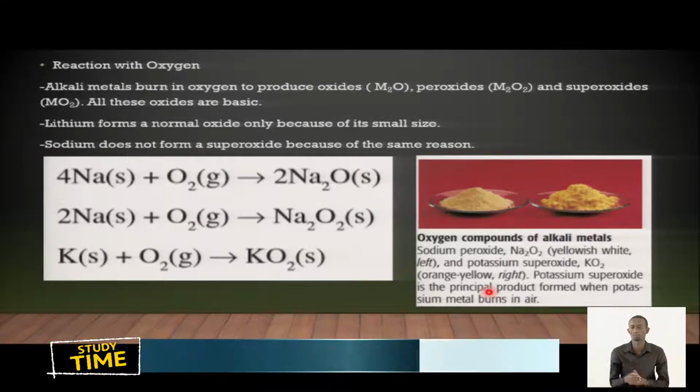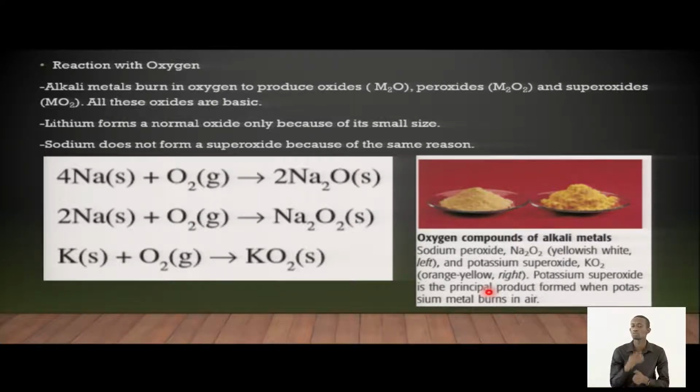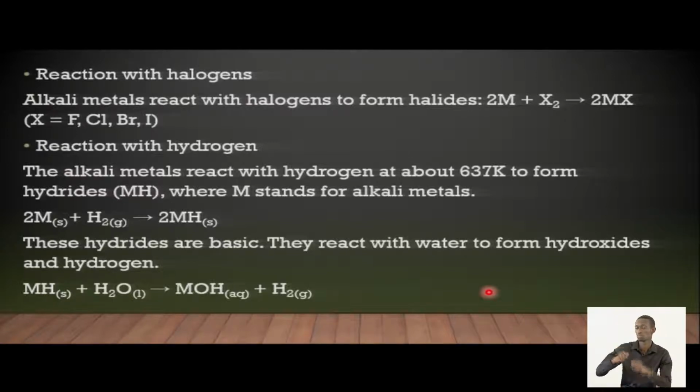The oxygen and water, they are not the only substances which react with alkali metals. We have other substances which can react with them. And here we have the reaction with the halogens. You know the halogens, those nonmetals in group 7, okay?